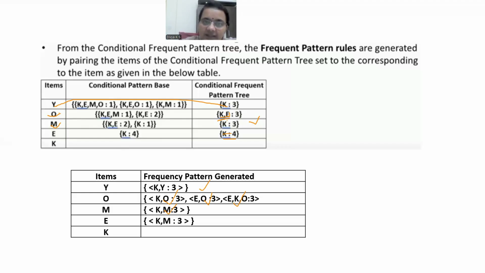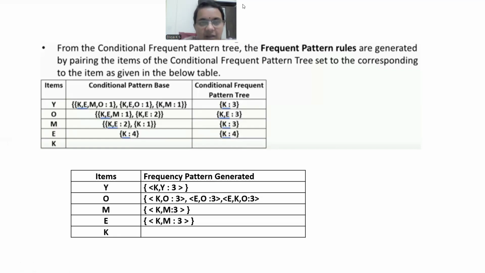We are generating the frequent patterns by using the items which are repeated, having the count of 3 or more. So like this we generated the frequent patterns, and these are the rules by this FP growth algorithm. Accordingly, first we find out the frequency table. From that we got L. Then from the L we remove the items and we draw the FP tree.